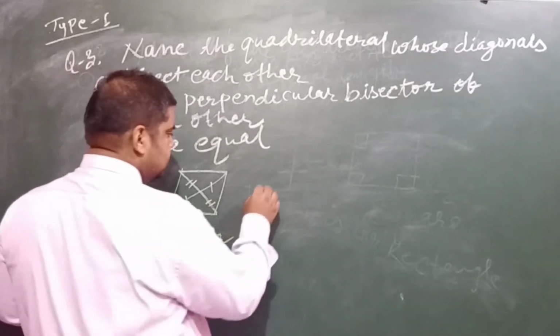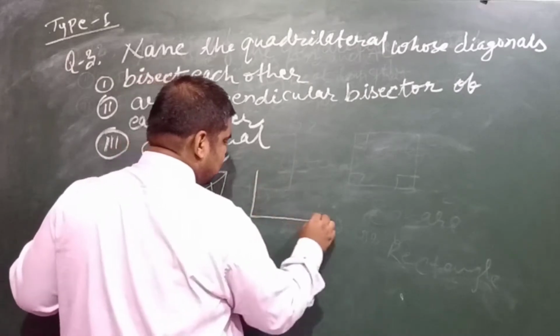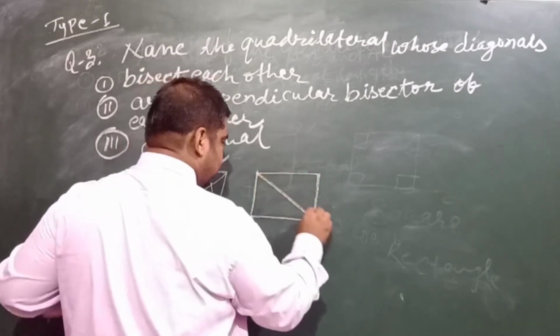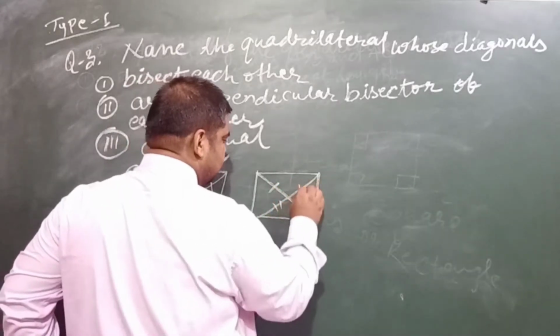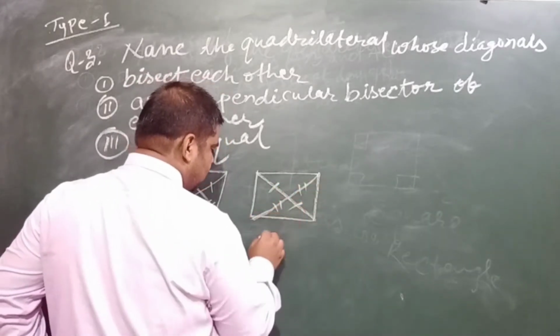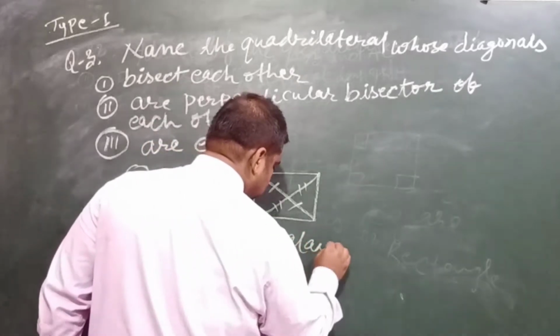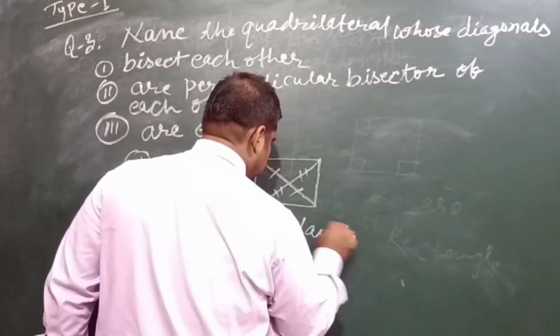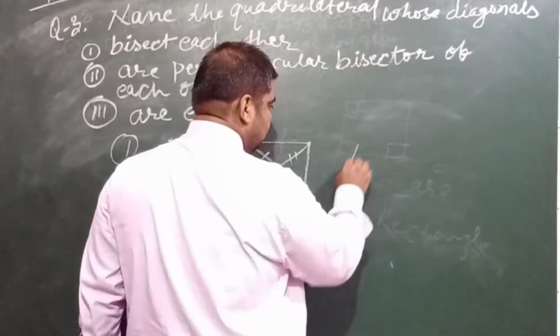Second, you may use a rectangle, because in the case of a rectangle also, the diagonals bisect each other by the property, as you know very well.